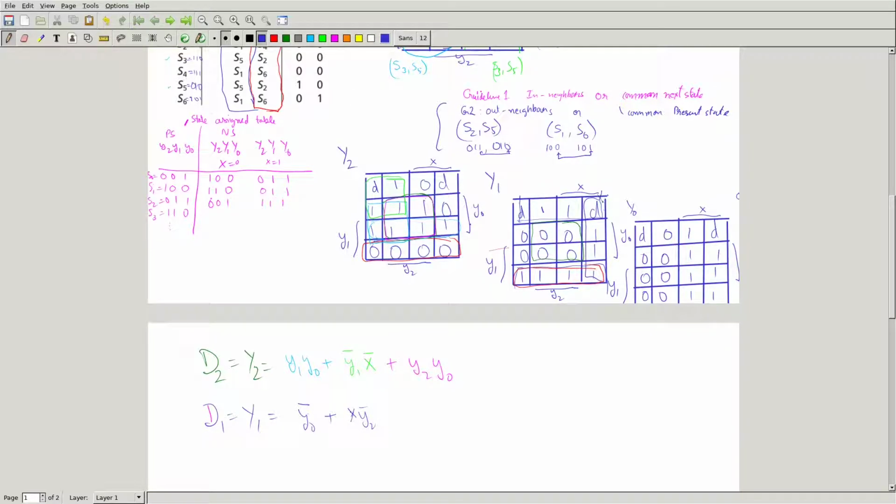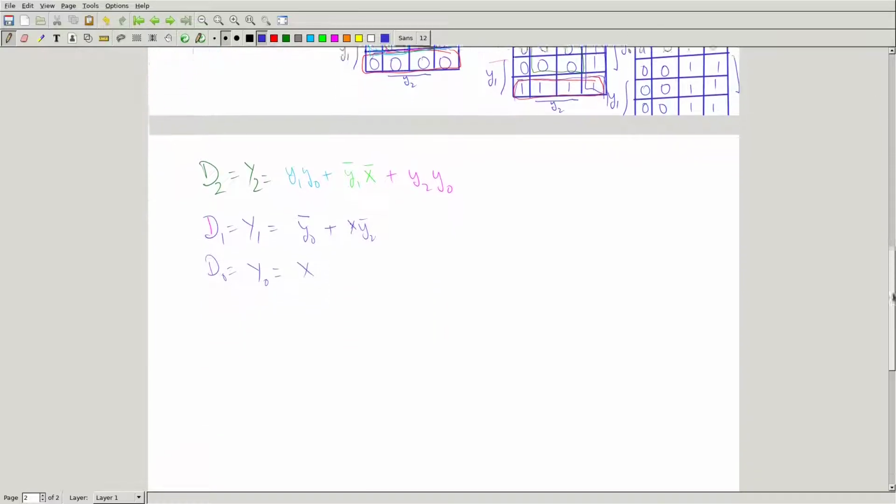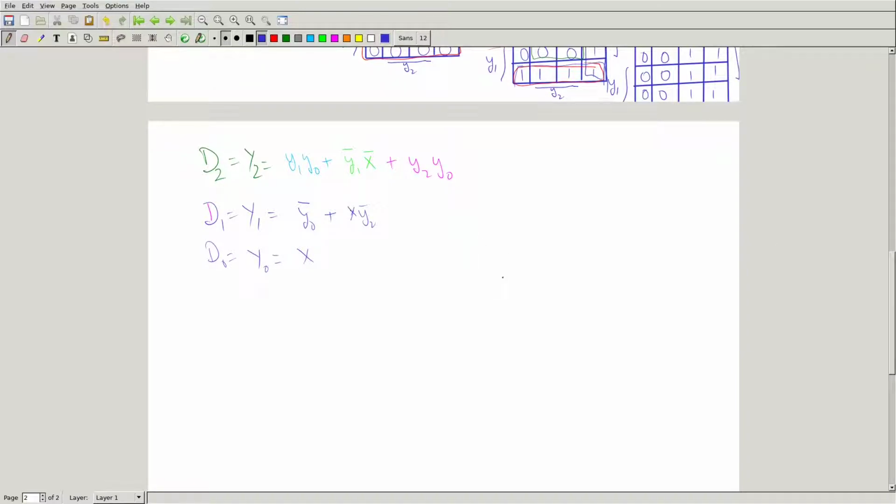For this one, and for y0 we just get x. So these are our expressions for if we are making circuits using D flip-flops.